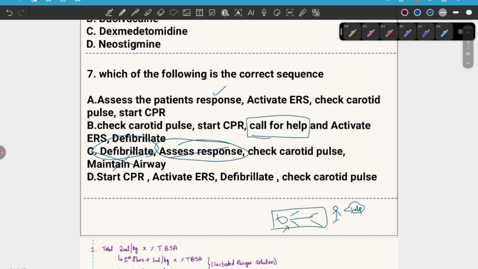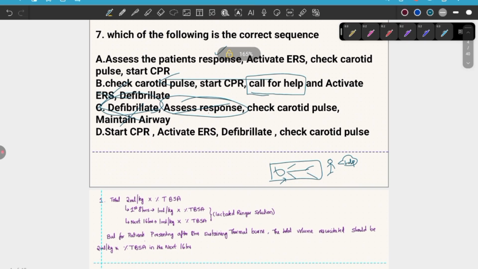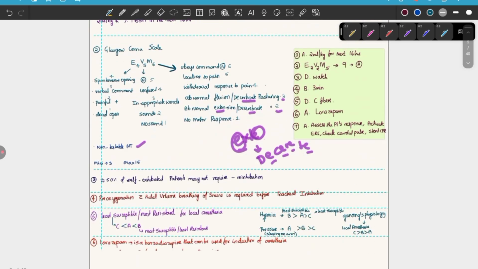It's actually a priority. You have to call for help before checking the carotid pulse. So option B is also ruled out. Call for help, good. Then activate the emergency response system.